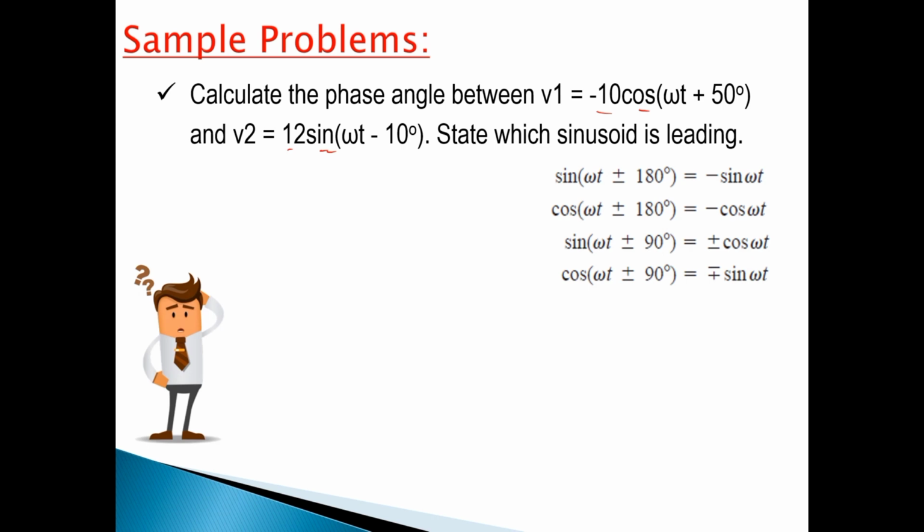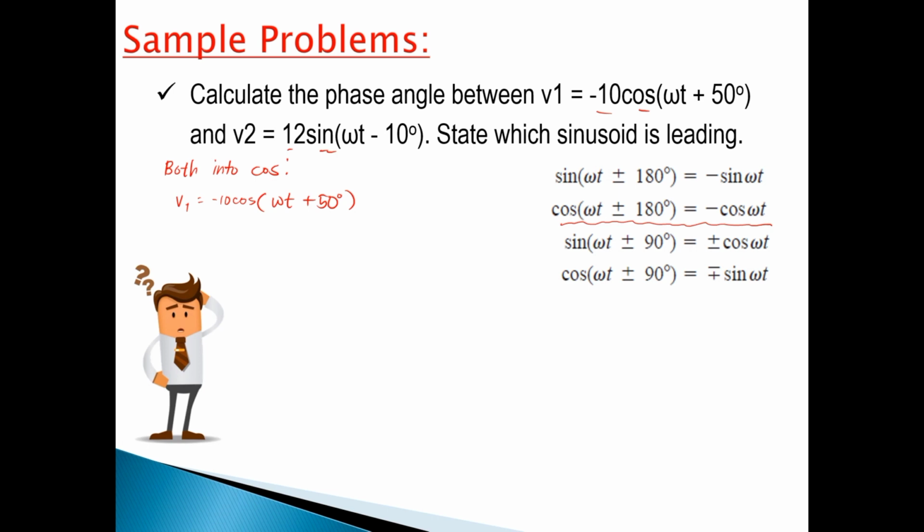Let's say we will convert both into cosine. V1 is equal to negative 10 cosine, so this is the identity that we will use, negative cosine omega t. To convert it into positive cosine, we'll have to use plus or minus 180 degrees. So V1 equals negative 10 cosine of omega t plus 50 degrees.